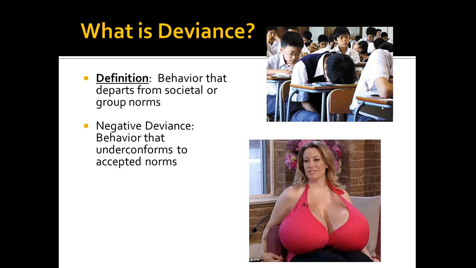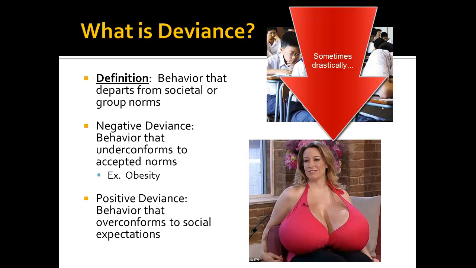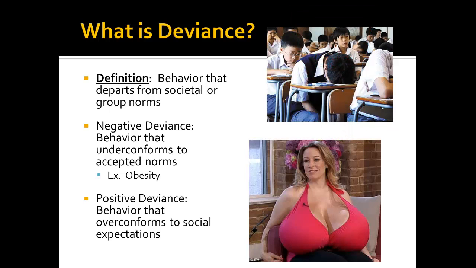This woman at the bottom, that I'm sure part of this picture drew you to, is actually exhibiting something called positive deviance. This is when we overconform to social expectations. We go above and beyond what's expected. Now this woman clearly is over-exaggerating parts of her body. But if you think about our society, we think that women should be a certain way, that an ideal woman has this measurement here, this measurement there.